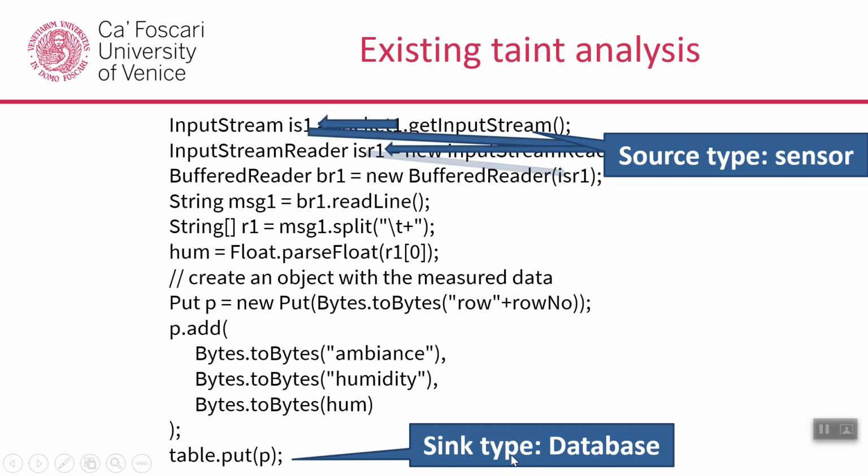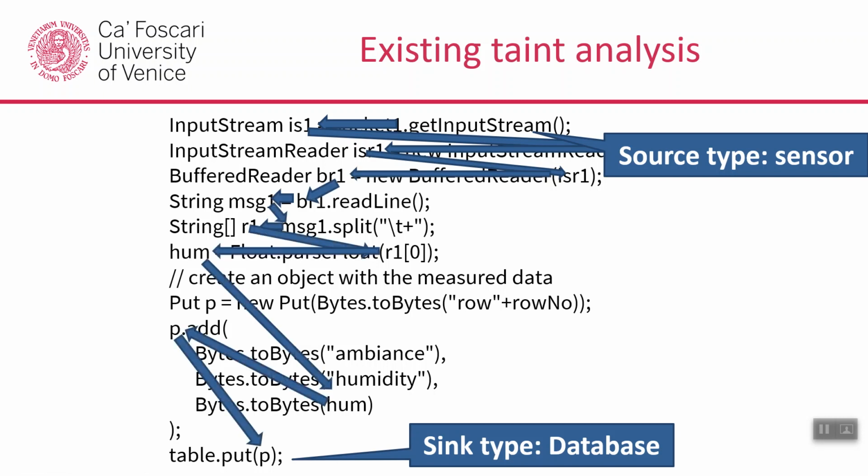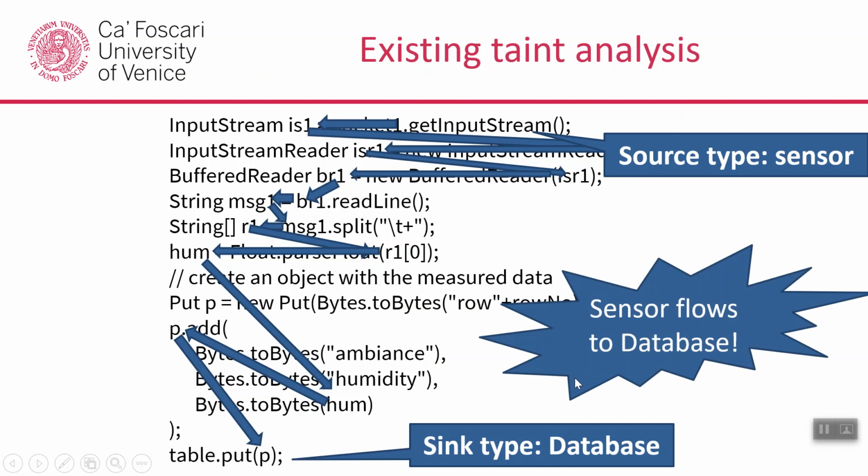Then, thanks to the taint analysis engine I just discussed, we can have this complete flow of information and see that something from a sensor flows into a database. So we can have warnings reporting exactly this type of flow and also the complete flow of information.